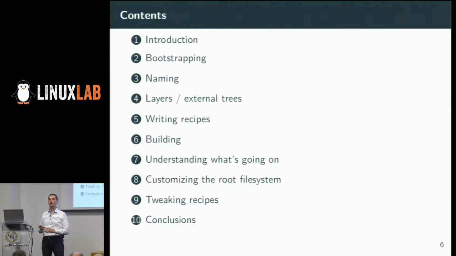Where to put your own stuff in layers or external trees, writing recipes, how to command the build, understanding what's happening, customizing your root file system, and a more advanced section on recipes. However, I will not be able to cover all of them in this talk. So if you are specifically interested in one of them, just raise your hand and tell me. Otherwise, I will skip some sections and focus on those that are more interesting.